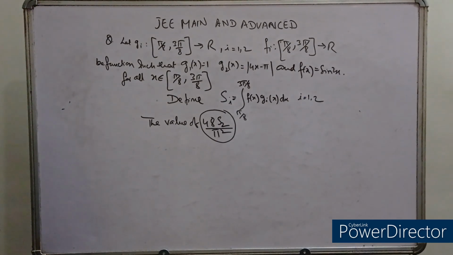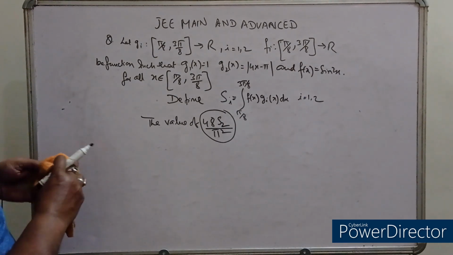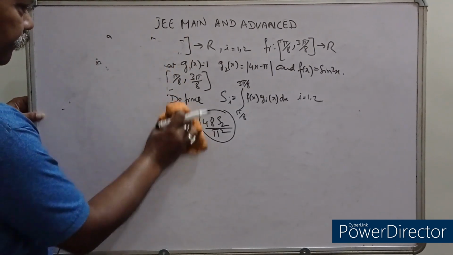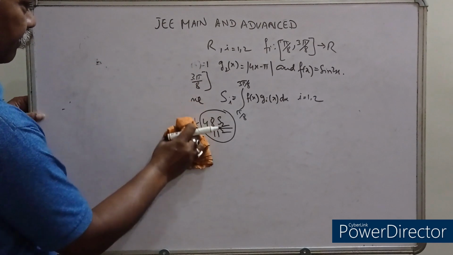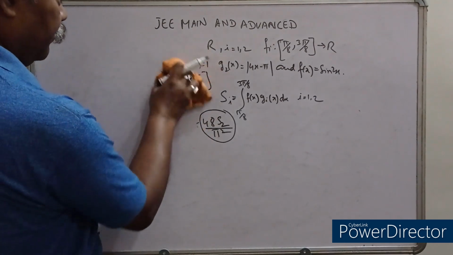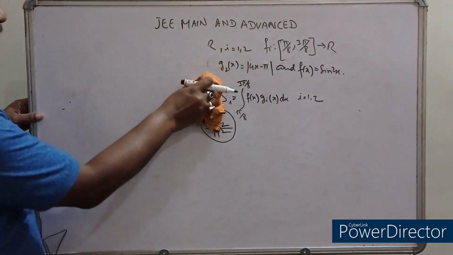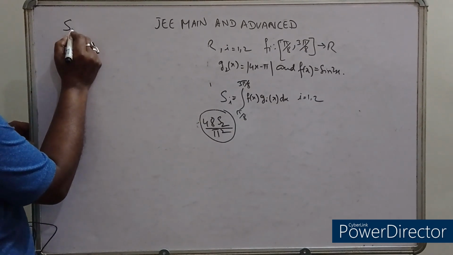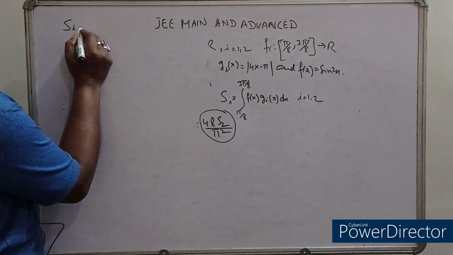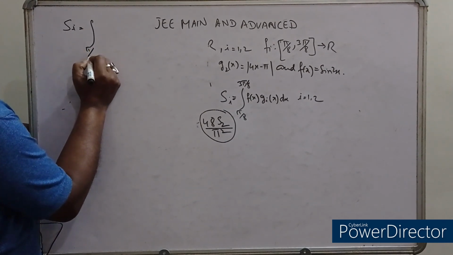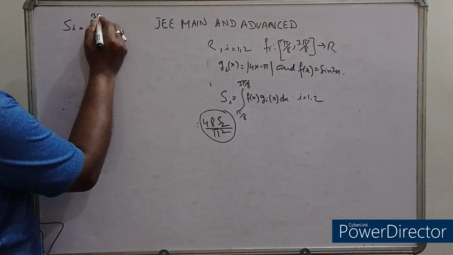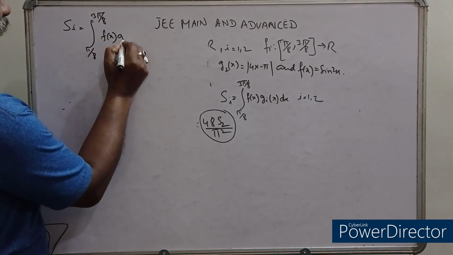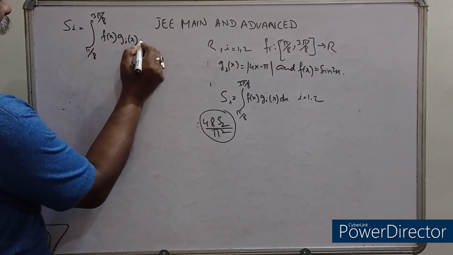Now how to solve this problem, you see. Your Si is given to you, the integral pi by 8 to 3 pi by 8 F(x) Gi(x) dx.